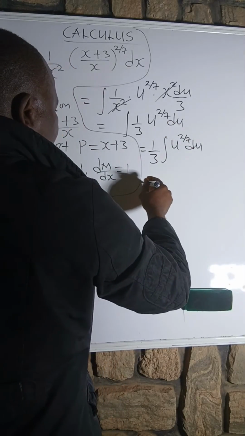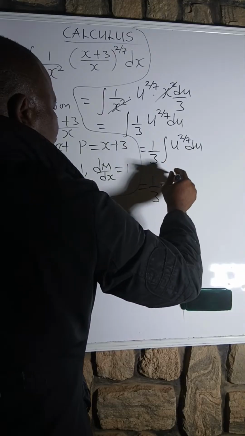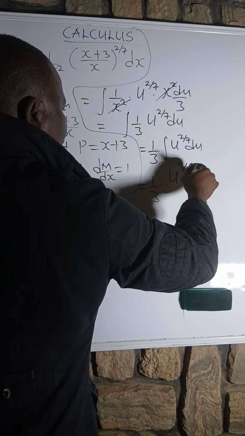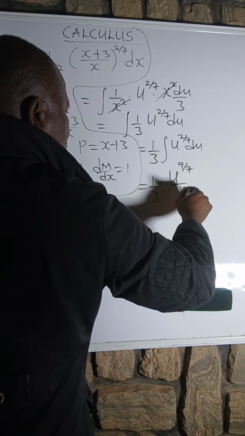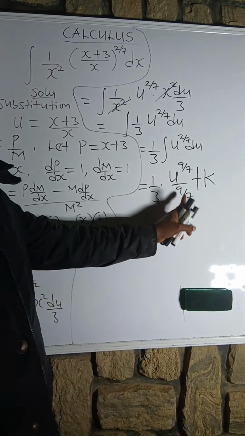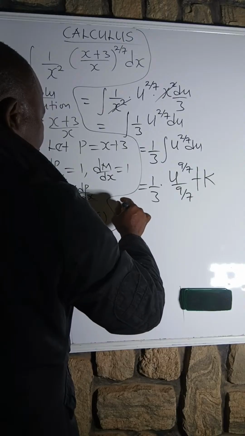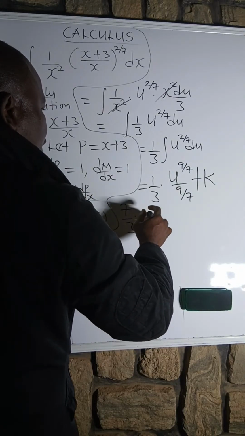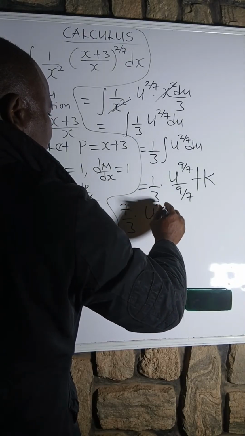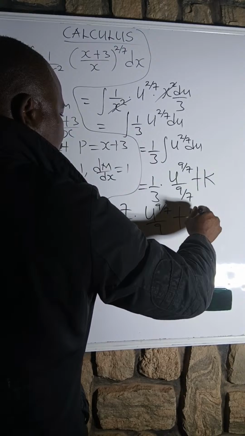So when we integrate this function, we are going to have 1 over 3 times u raised to the power of 9 over 7, all over 9 over 7, plus the constant. But by the time we take the inverse of this, here we are going to have 7 over 3 times u raised to the power of 9 over 7, then all over 9, plus the constant.